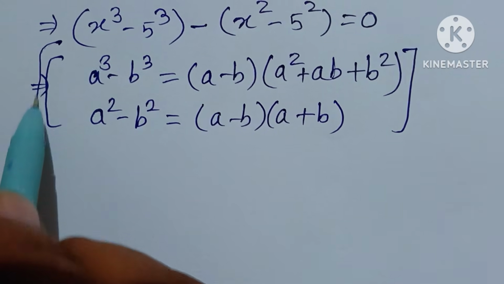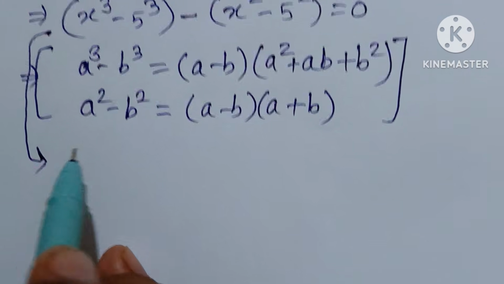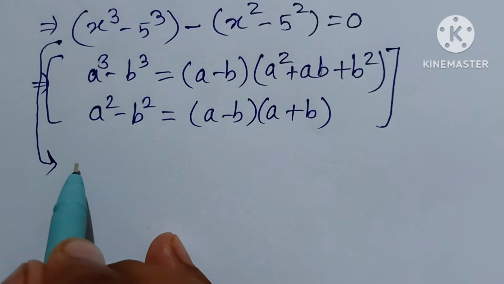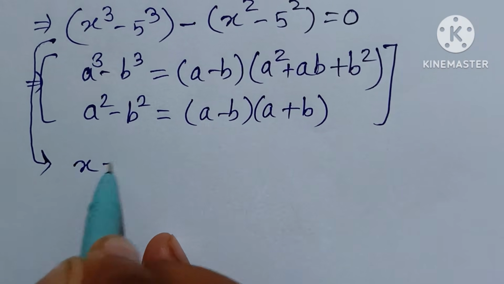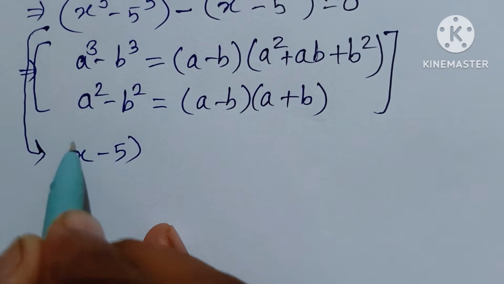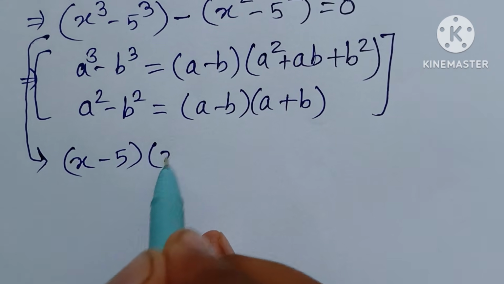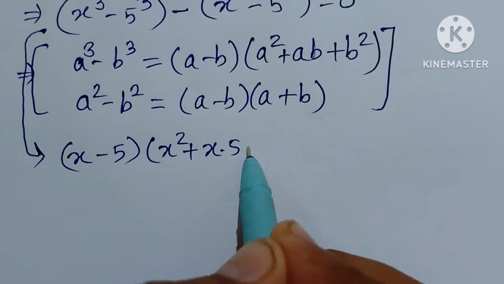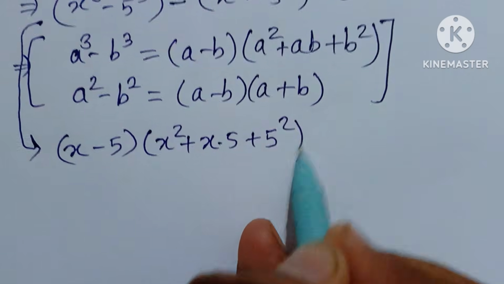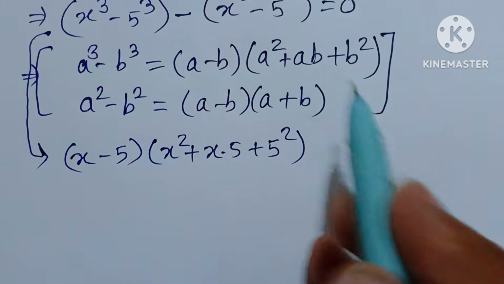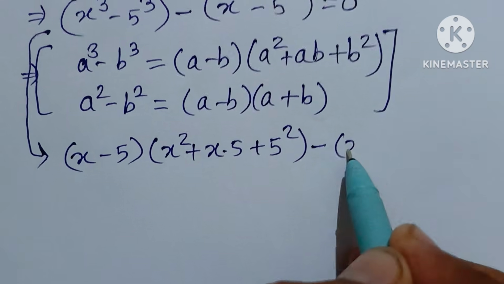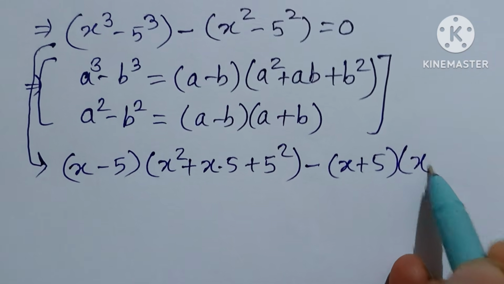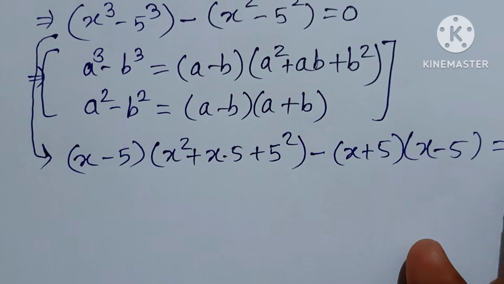Now we will solve using this. Here x minus 5, x square plus x into 5 plus 5 square, and this is minus x plus 5, x minus 5, equal to 0.